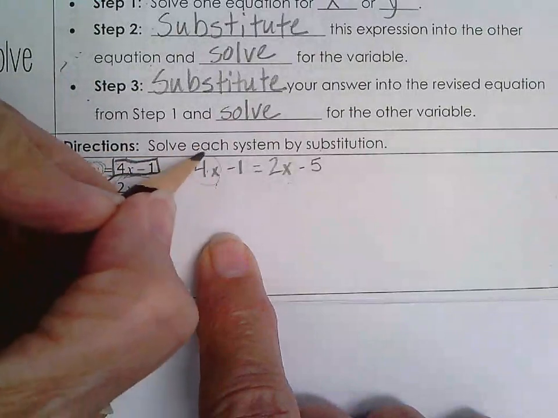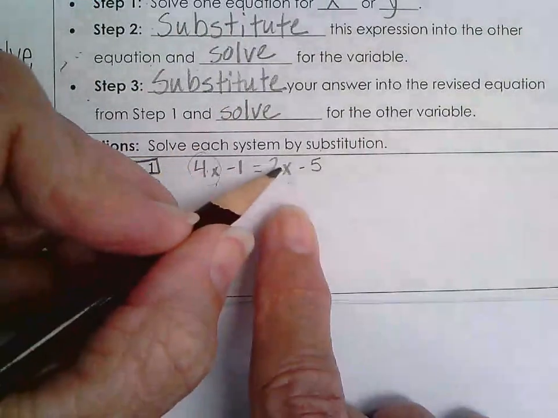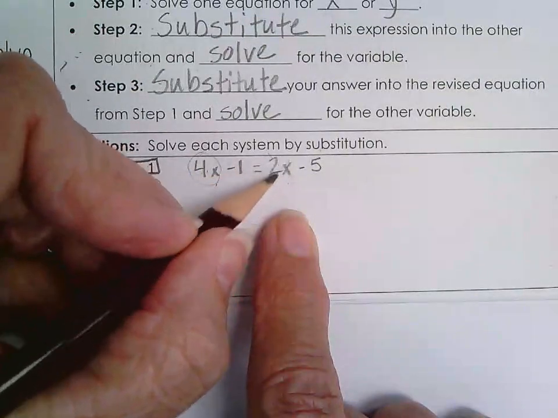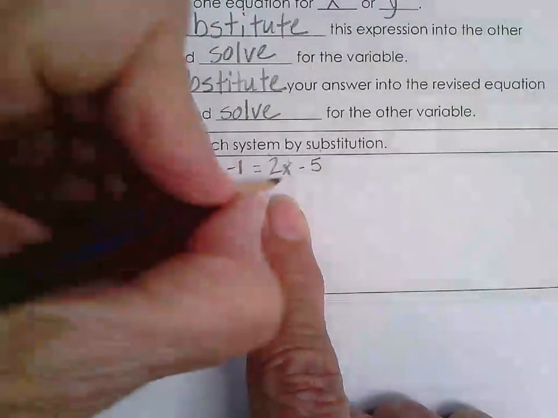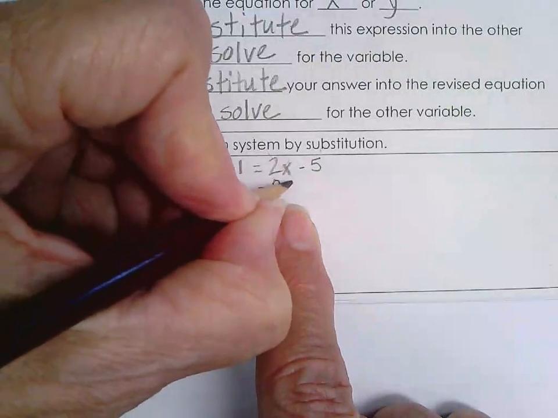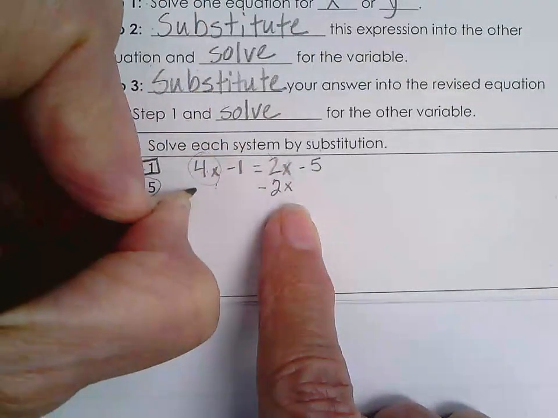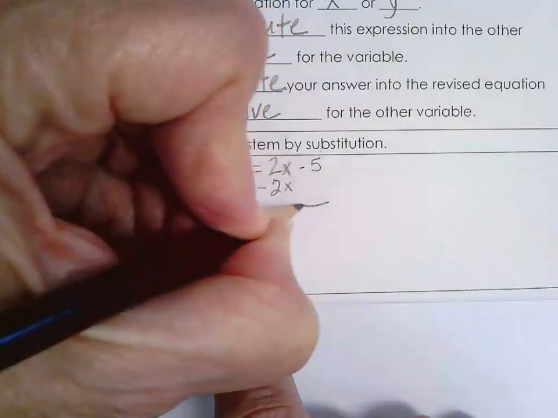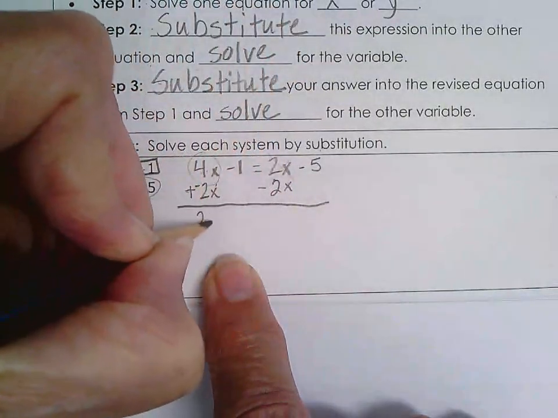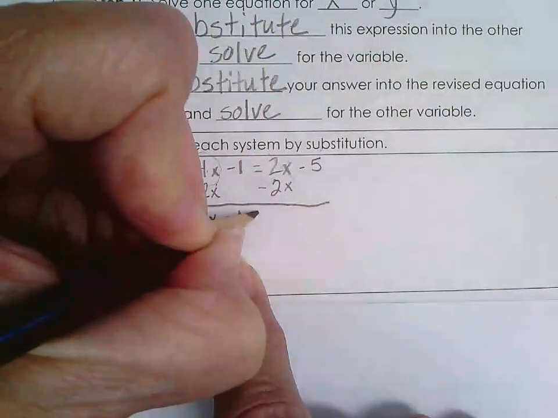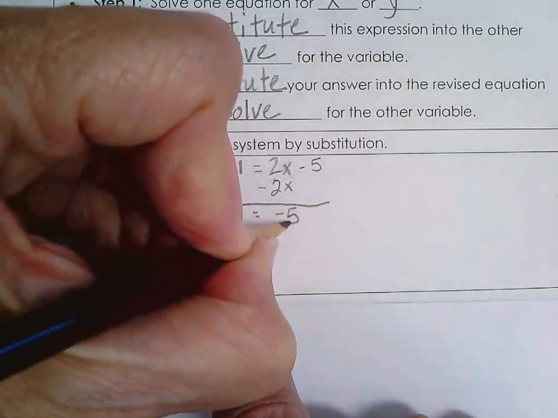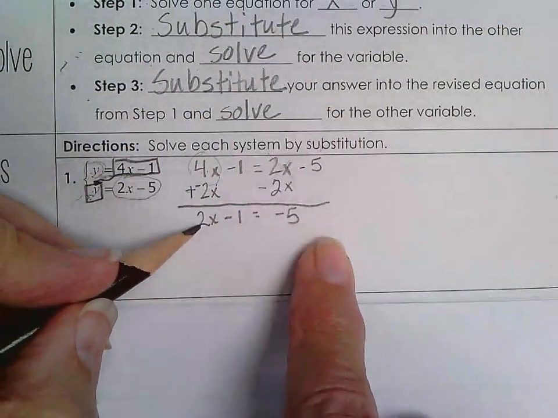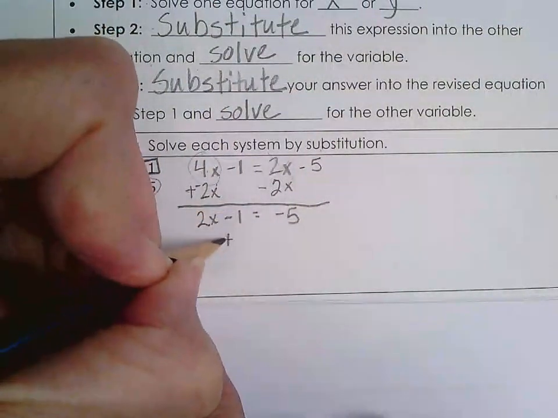I can see that I have more x's on this side than I do on this side, so probably I want to try and eliminate the x's on the right hand side. So I can do that by adding negative 2x to each side, and that will give me 2x over here minus 1 is equal to negative 5. And then I've got my x's on one side, so let's try and just have our constants on the other.